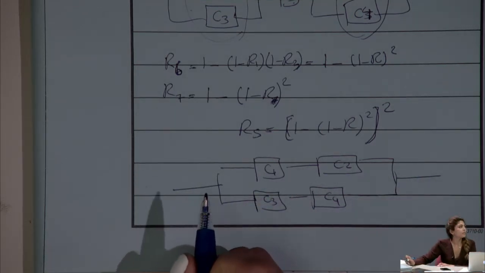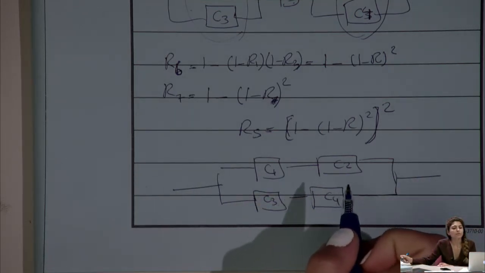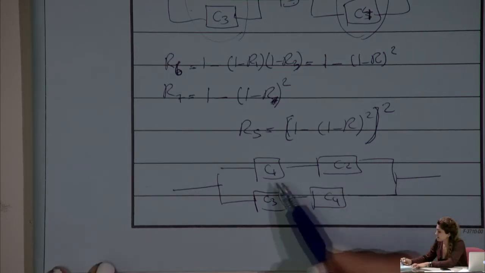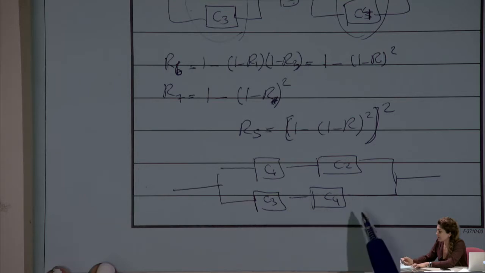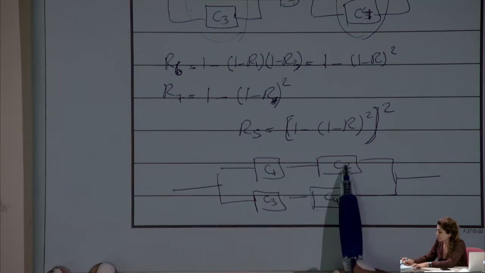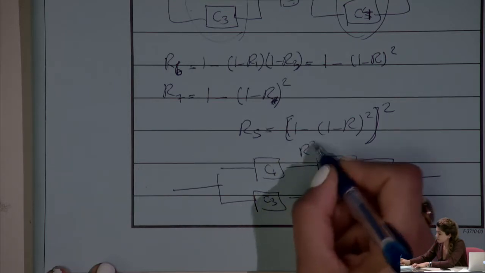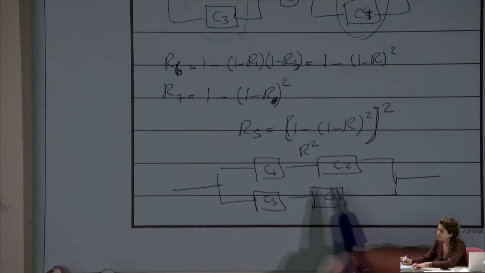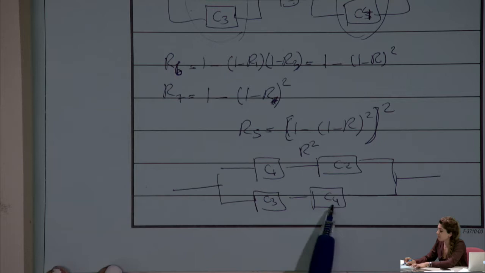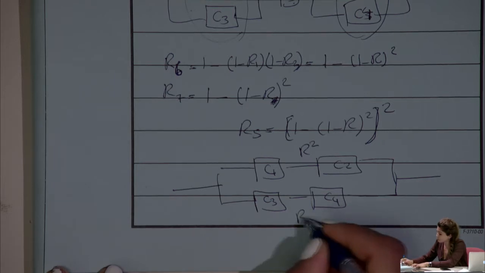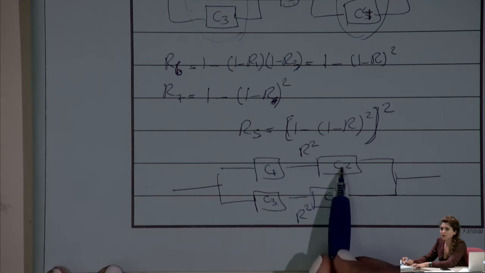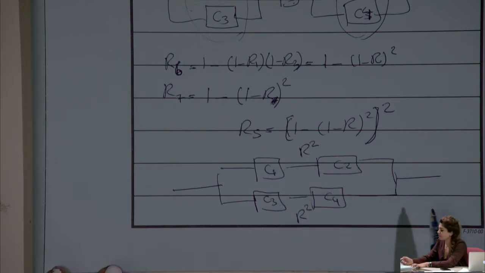Can we project the handwriting on both screens? Thank you. So right now, what would be the reliability of the whole system? The reliability on the top would be R squared, if both of them have the same reliability. And the reliability on the bottom is also going to be R squared, because these two are in series.